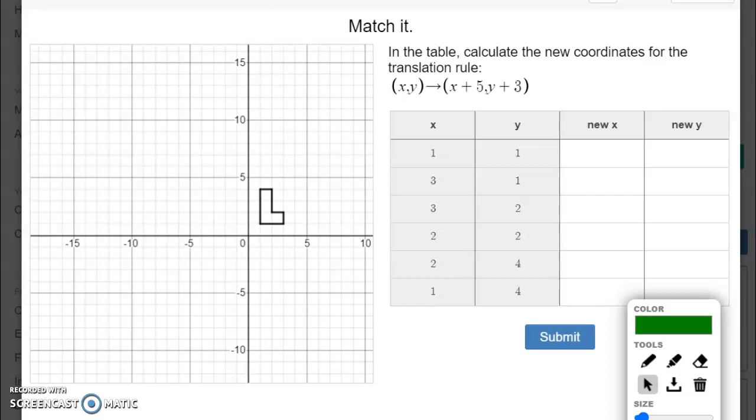That's 1, 1 right there. So x gets added by 5. So x plus 5 is going to be 1 plus 5 is going to be 6. And then y gets added by 3. 1 plus 3 is going to be 4. So if I was to draw this, it will be 6, comma 4.